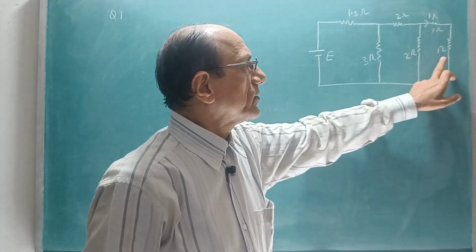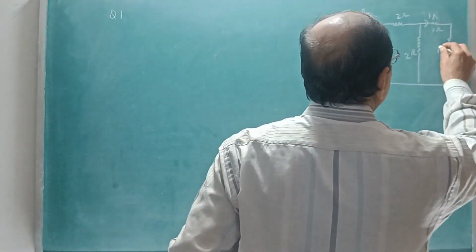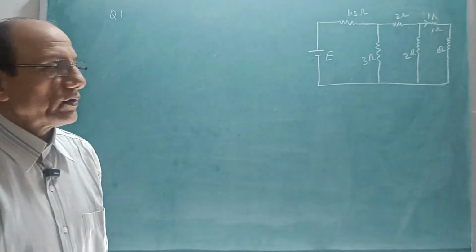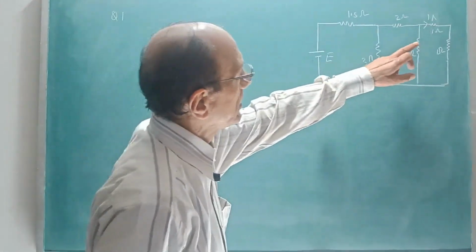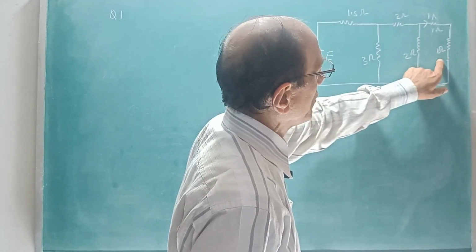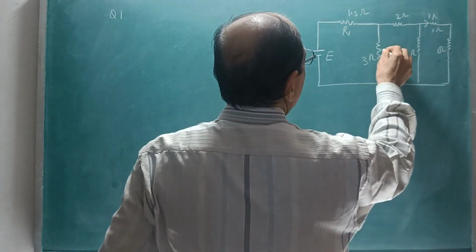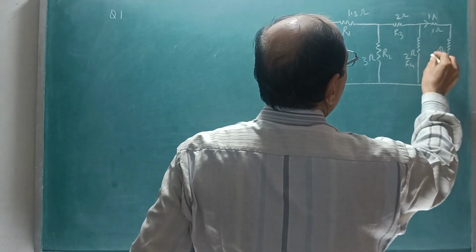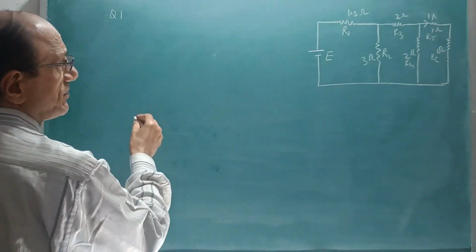This 1 ohm, 1 ohm, 2 ohm and 3 ohm. So as we see, this 1 and this 1 ohm resistors, suppose I say it is R1, this is R2, this is R3, this is R4, this is R5 and R6.